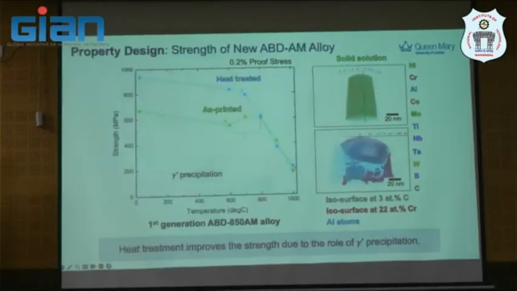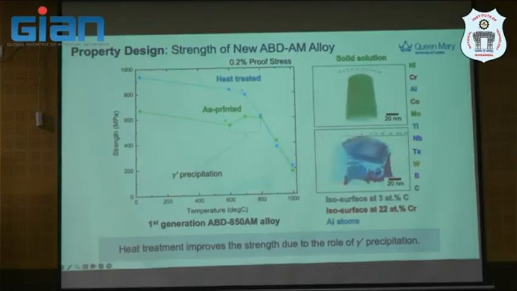But anyway, if you see the properties of these two new generations, as printed and heat treated, it involved a lot of testing. You will see that in the as-printed condition, the strength can be recovered by heat treatment. As you know, this is an anomaly.